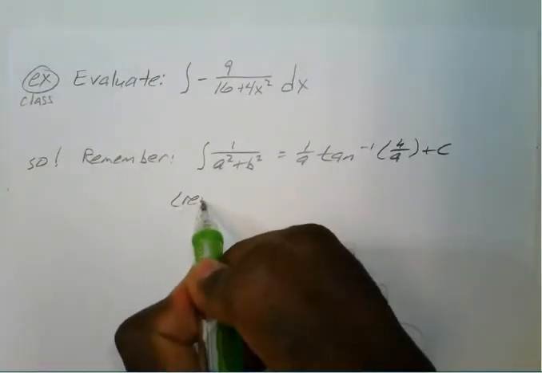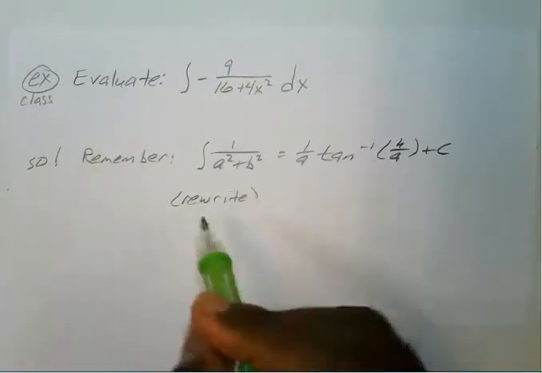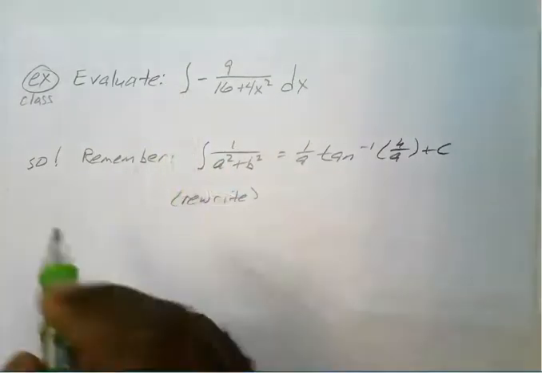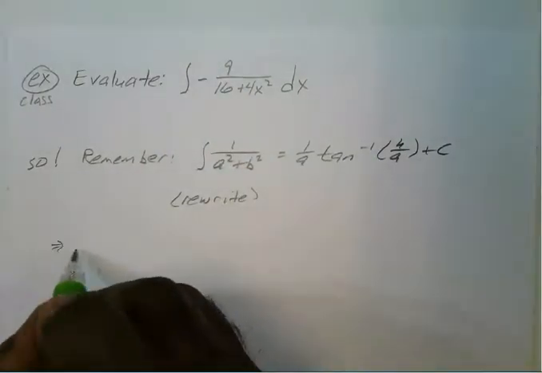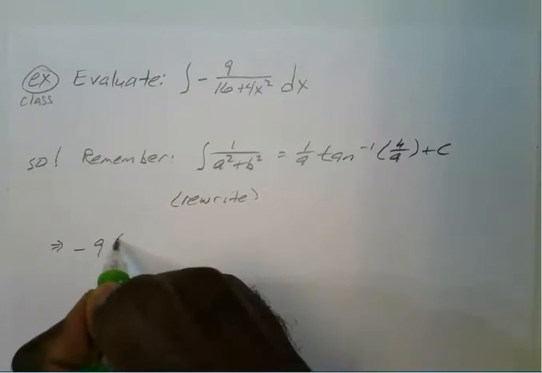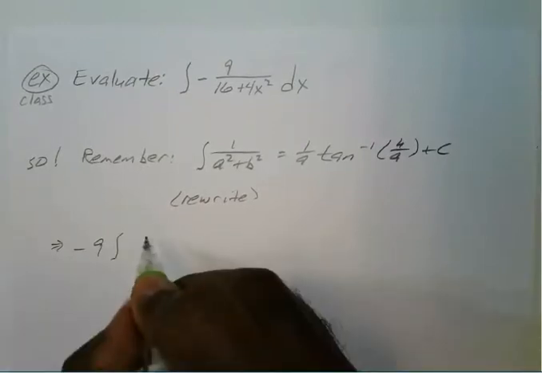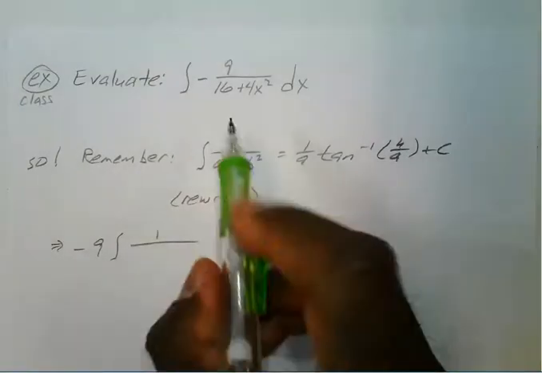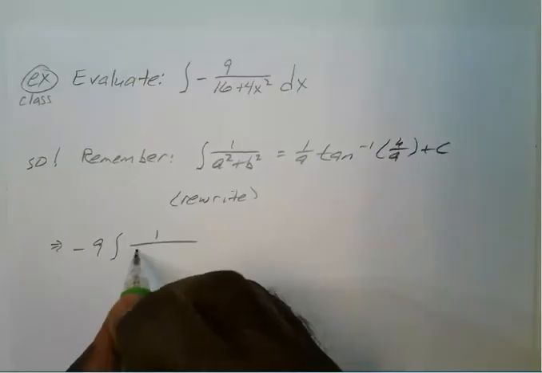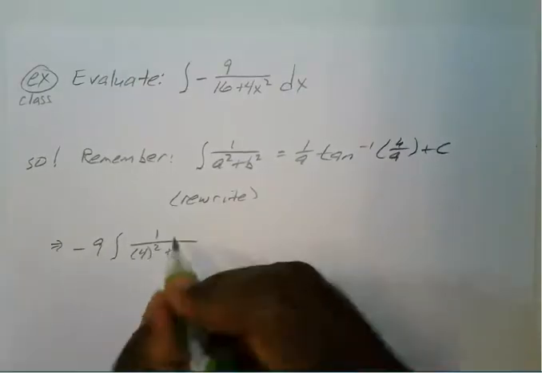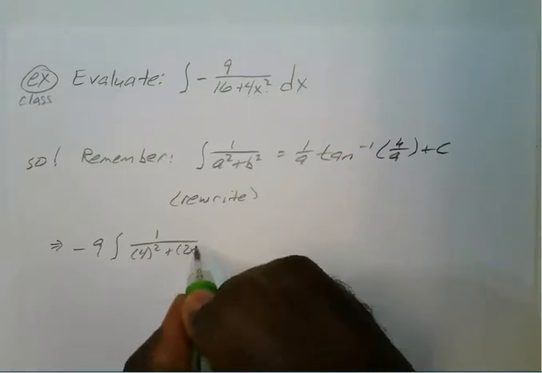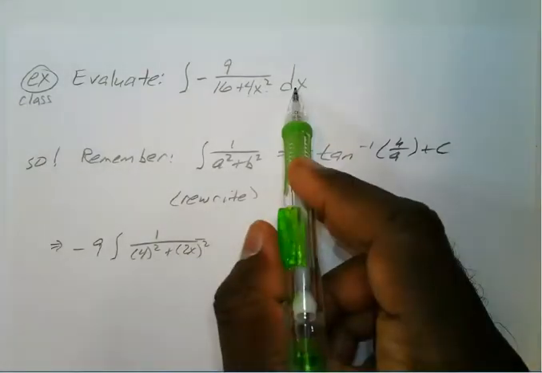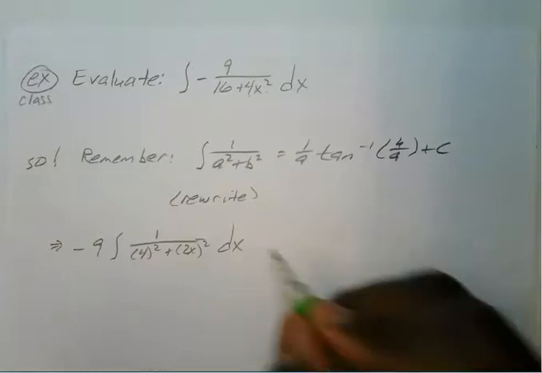So we go ahead and rewrite it. Okay, we get our numerator and bring that out to the front. We have negative 9. So that leaves us with 1 over, and instead of 16, we're going to make that 4 squared, plus, and instead of 4x squared, we're going to make that (2x) squared, with respect to x.